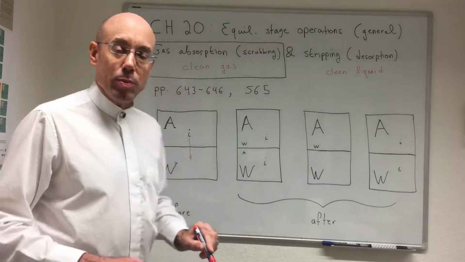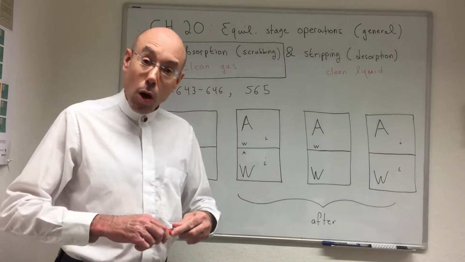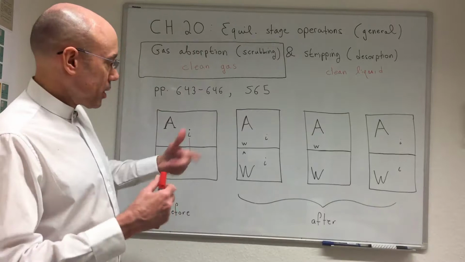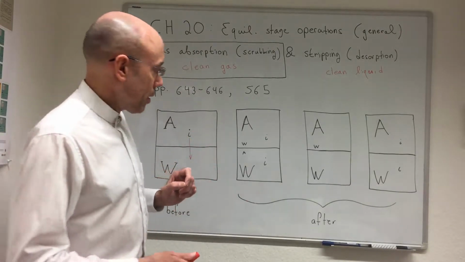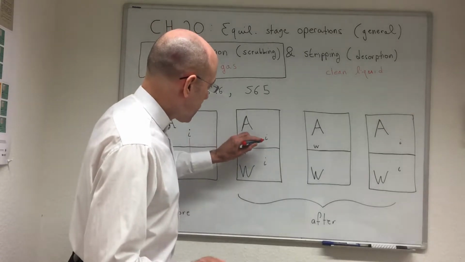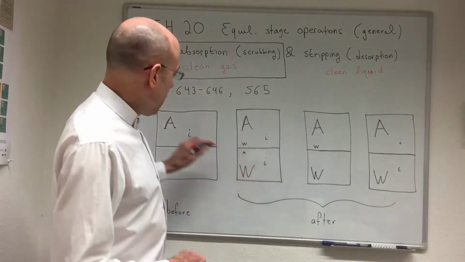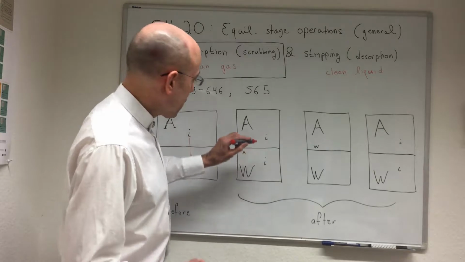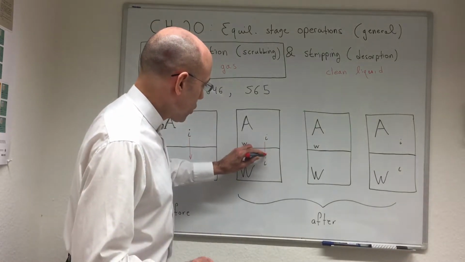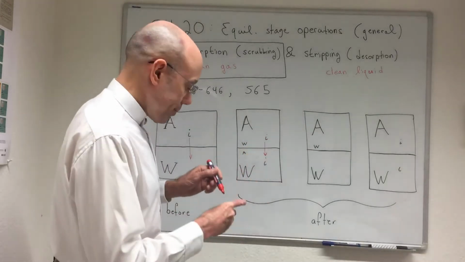That actually happens because ammonia does dissolve in water, and in fact it sort of wants to dissolve in water as it comes to equilibrium. We'll talk about that a bit later. Some of the ammonia, so that's why I've drawn these I's smaller than this I, which here hopefully is bigger. So some of the I has gone from upstairs to downstairs because ammonia likes to dissolve to a certain extent in water.